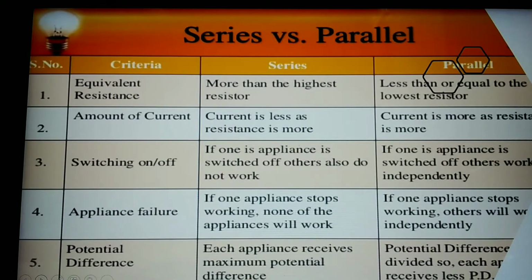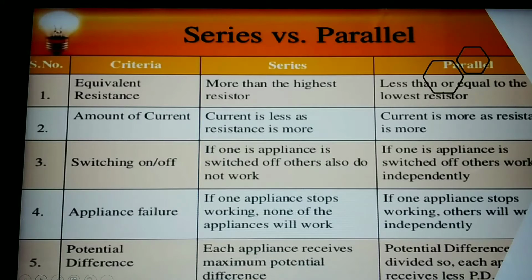Switching on and off: in series, if one appliance is switched off, others also do not work; in parallel connection, if one appliance is switched off, others will work independently. Appliance failure: if one of the appliances stops working, none of the appliances will work in series combination, whereas in parallel, if one appliance stops working, others will work independently.